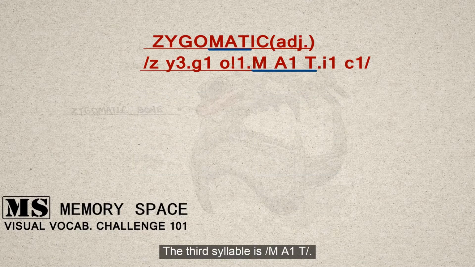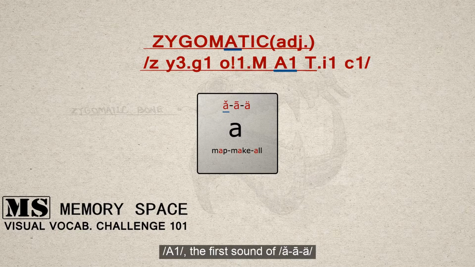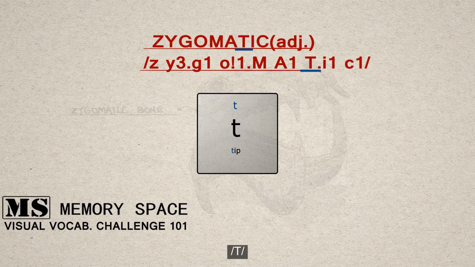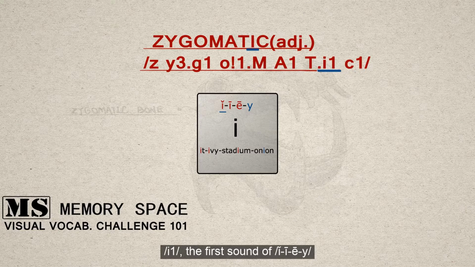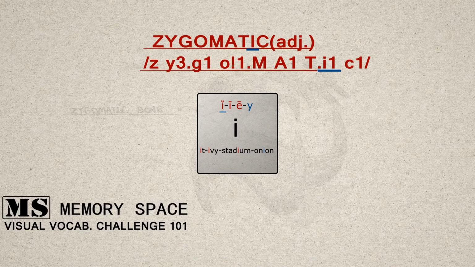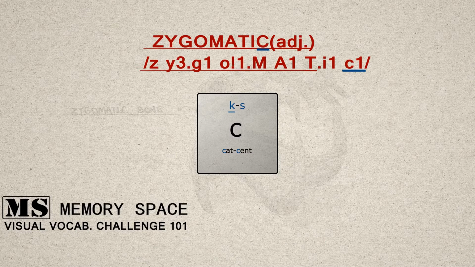The third syllable is mat, a. The first sound of a, r. The last syllable is ik, i. The first sound of i, y. K. The first sound of k, s.